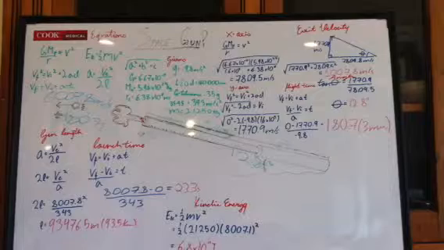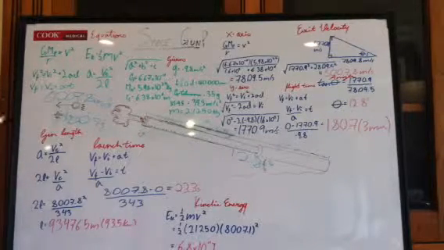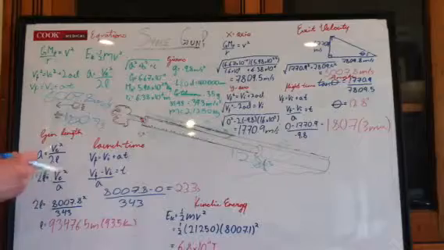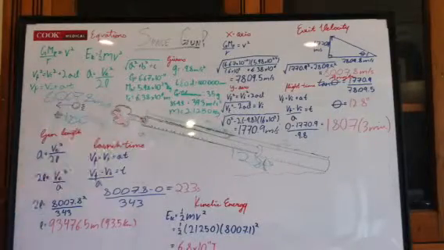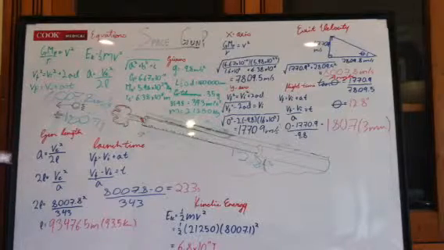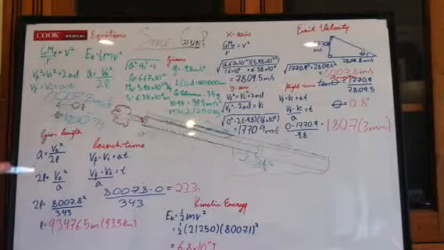So let's move on to the gun length. For the gun length, we're going to use our new equation, which is A equals VE squared over 2L. Move this to solve for L. We're going to plug in the velocity we found from here, which is 8,007.8 meters per second.